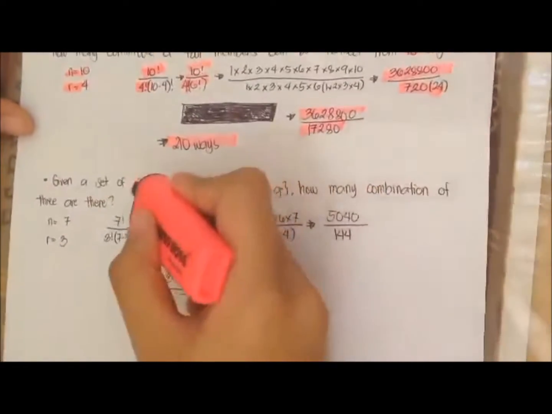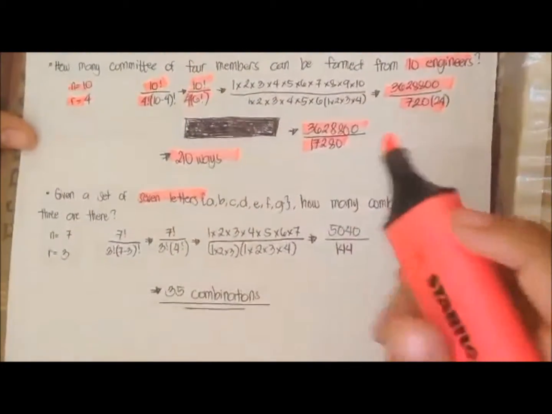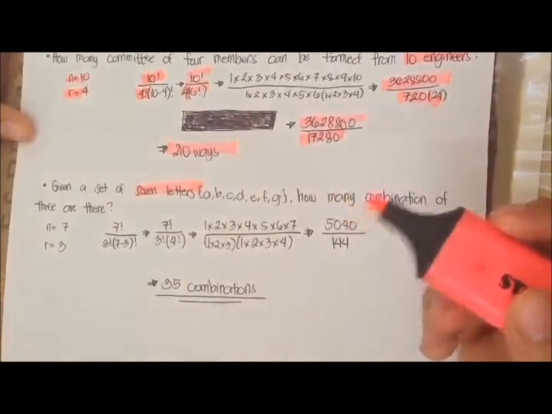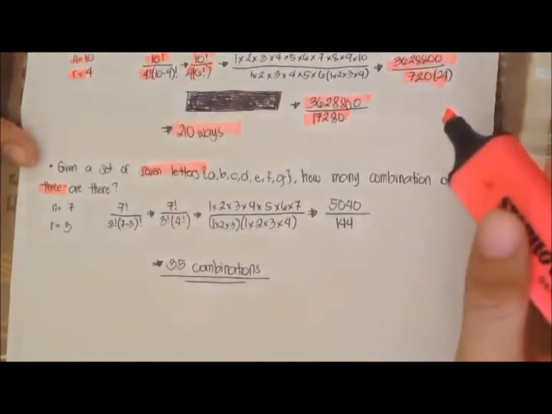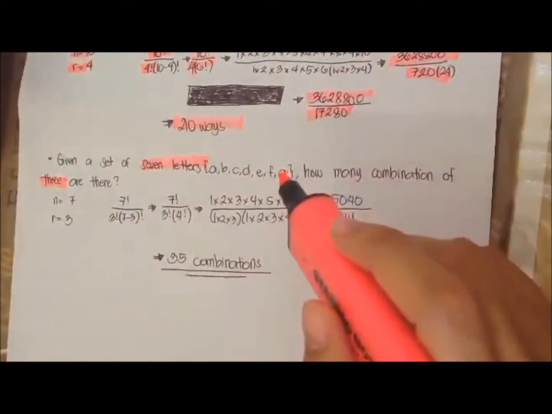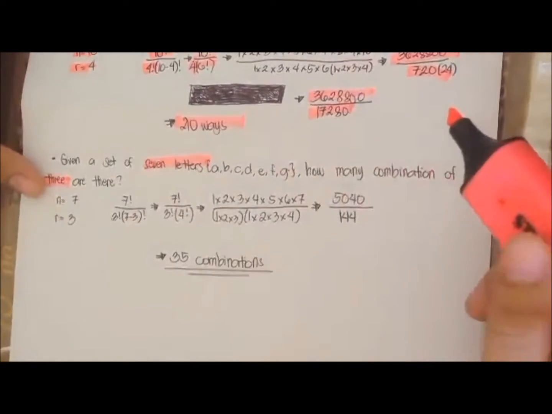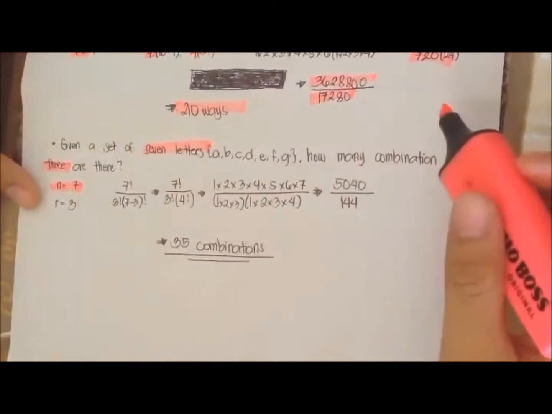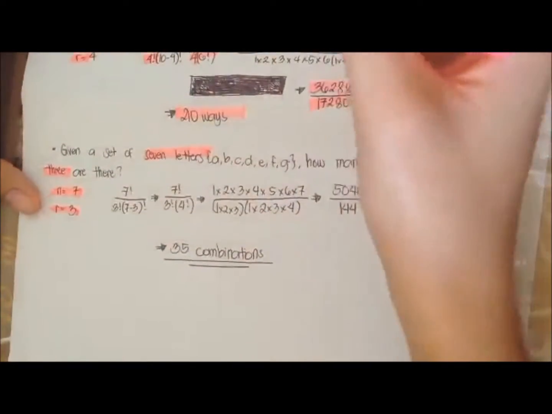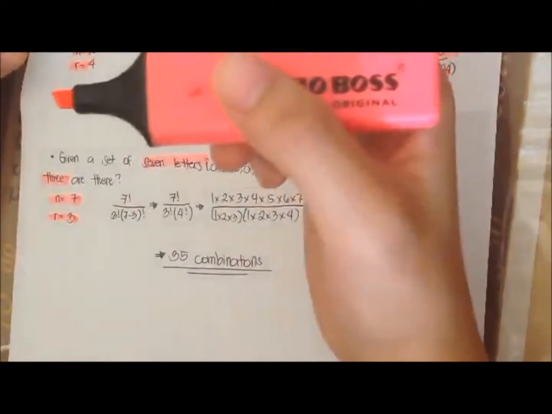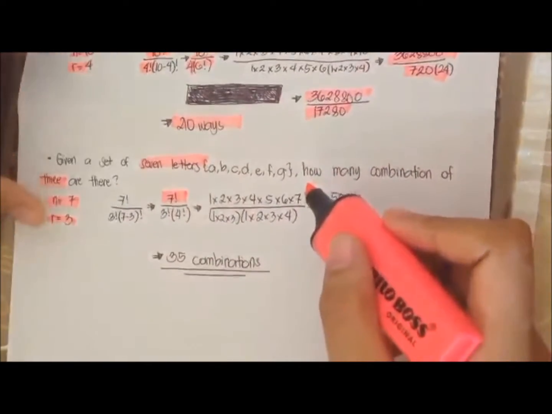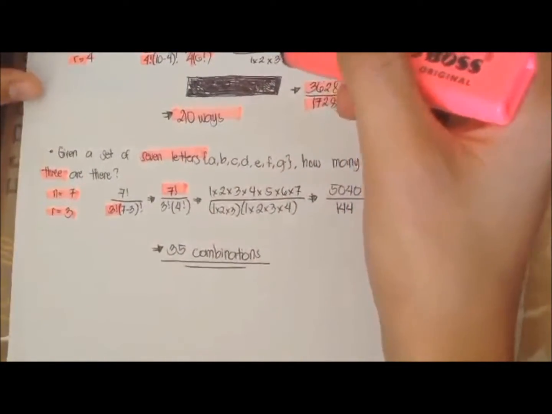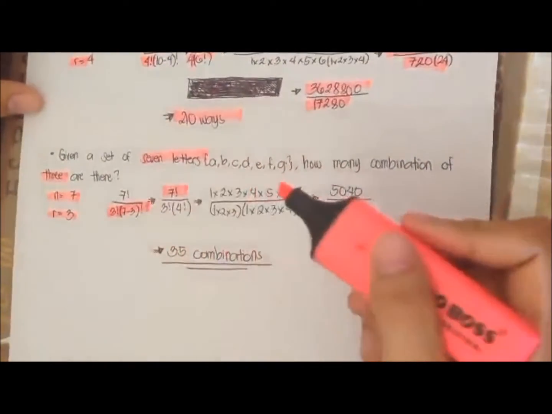Given a set of 7 letters, A, B, C, D, E, F, G, how many combinations of 3 are there? Just like in the last example, you determine the total number, which is n equals 7, and r equals 3. Substitute the values: 7 factorial over 3 factorial times 7 minus 3 factorial.